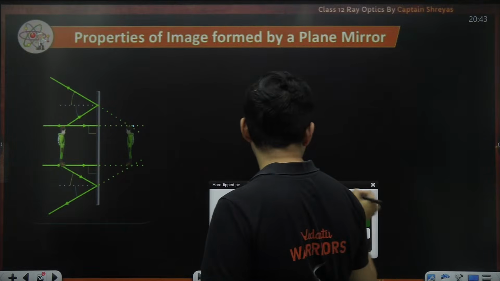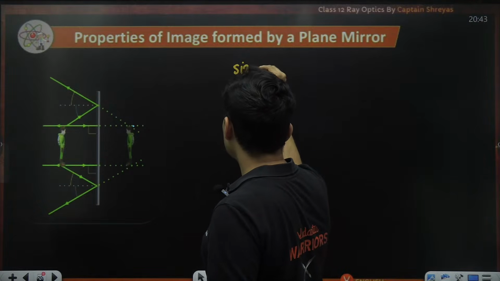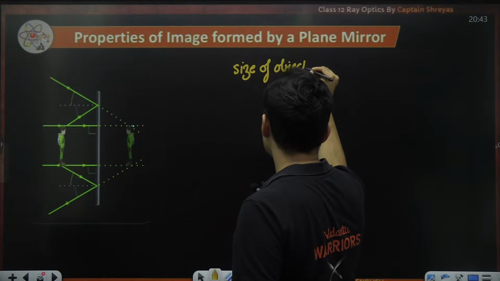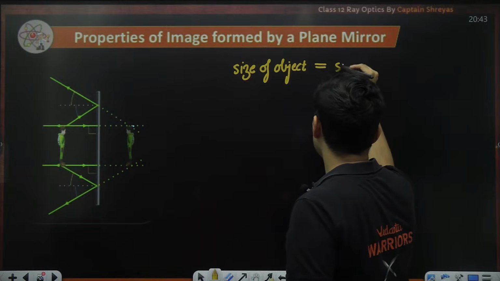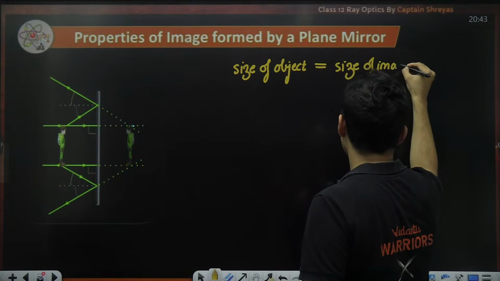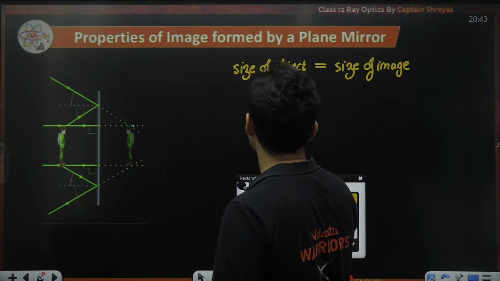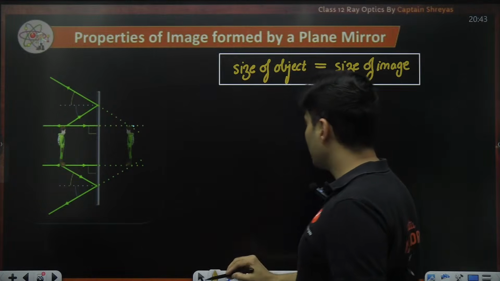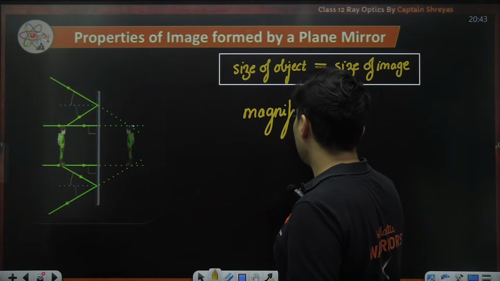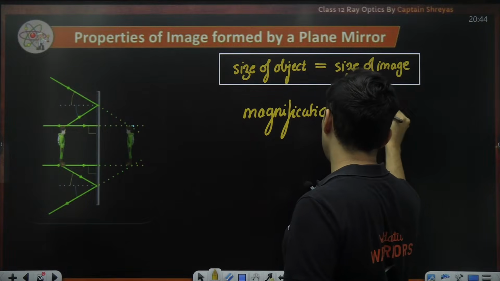So you will say that the size of the object is equal to the size of the image, whether it is width, height, length, whatever you take, it is the same thing. So in such a case, I will say the magnification, can you guess what the magnification M will be?